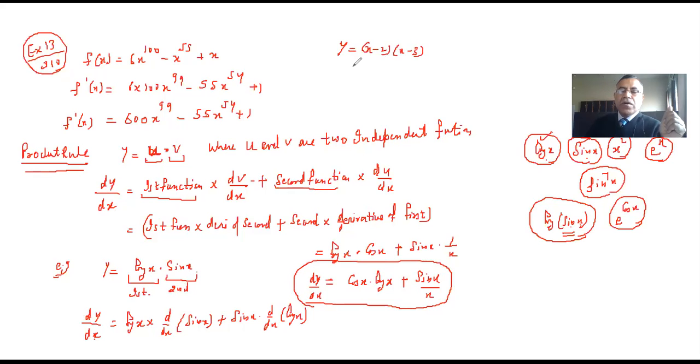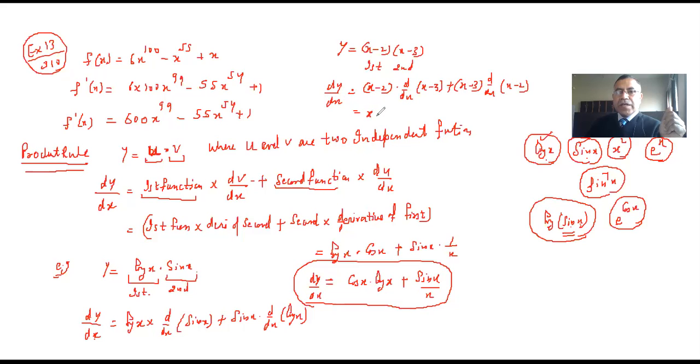So this question is solved in two ways. Once, you multiply and then find the derivative. Second, you can apply the product rule by taking this as the first function and this as the second function. dy by dx is equal to the first function as it is times the derivative of the second function, plus the second function as it is times the derivative of the first function.